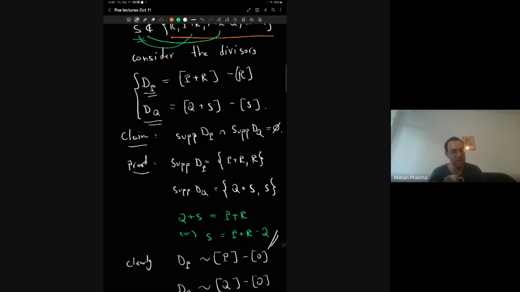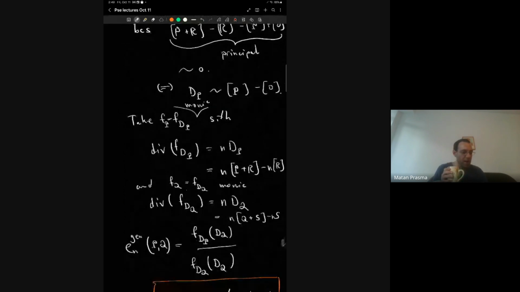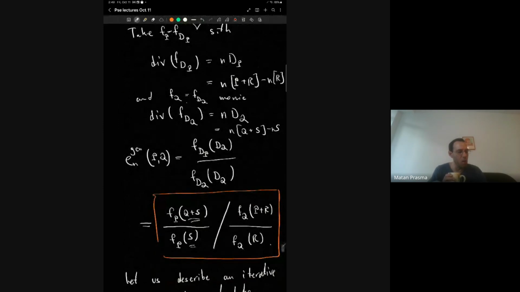That is, they need to have disjoint support, and they need to be equivalent to [P] minus [O] and [Q] minus [O]. And then we say, what is the generic Weil pairing? You take f_dP such that the divisor of f_dP is n times dP, and n times dP is this.